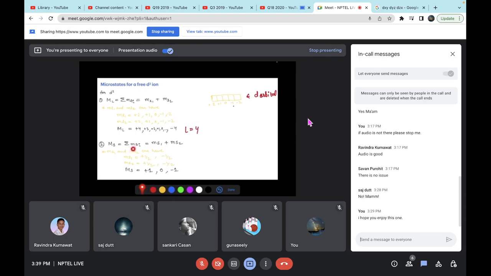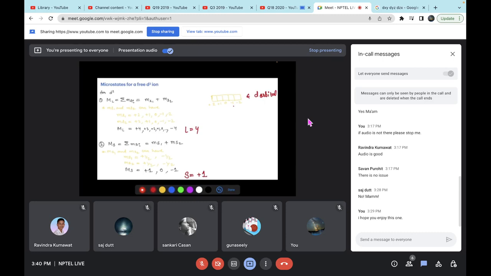And MS is the summation ms1 plus ms2, where each can have the value plus half or minus half, so my total spin quantum number is 1, because it is the maximum of MS. So my S is 1.